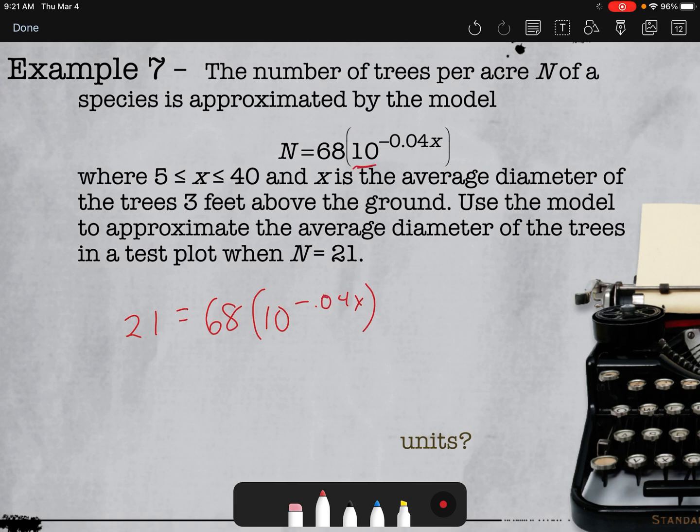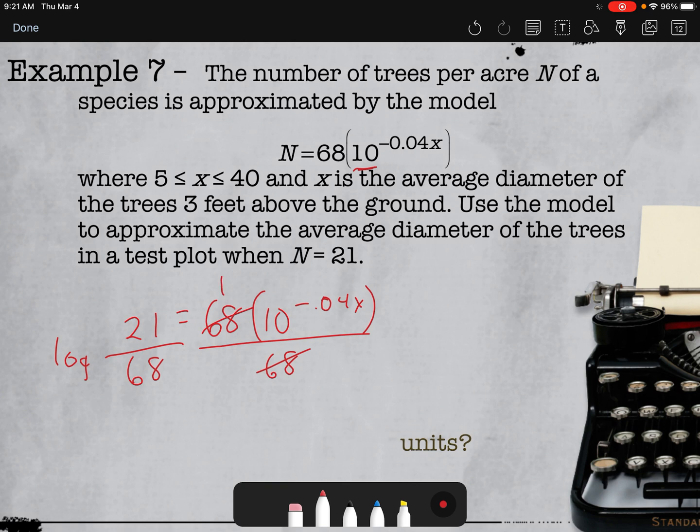Well, when you see a base 10, you know it's going to be log, because it's going to be nice. So 21 divided by 68, is that a nice decimal? No, it's not. So let's keep that number. Now, we're going to have to take a logarithm to get this exponent out front.